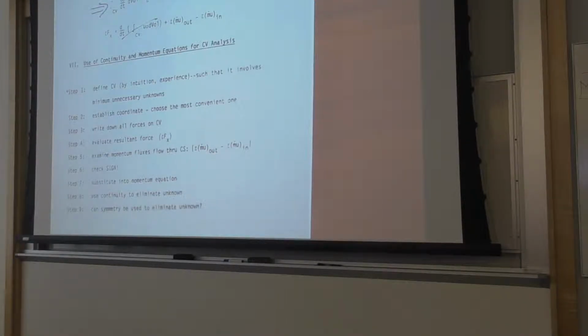Step 4, then, is the resultant forces. Sorry, step 5 is where you can make a lot of mistakes. And that's why I want you to separate them. In that you're dealing with the momentum flux out. If there are more than one entry port, you have to deal with them multiple times. Minus, always minus the momentum flux coming in.